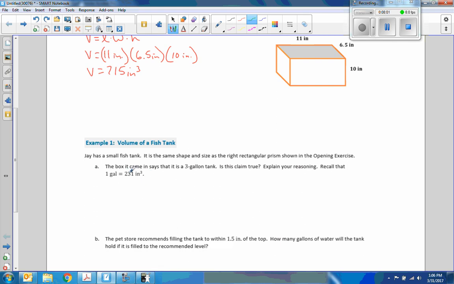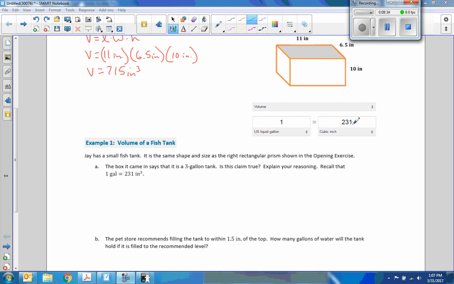Okay, so we just figured out the volume of this, and we got 715 cubic inches. So in order to prove this is true, I have to convert the cubic inches to gallons. Okay, so, one moment. Okay, so I brought this measurement in from Google, and it says volume, 1 US liquid gallon is equivalent to cubic inches, 231.